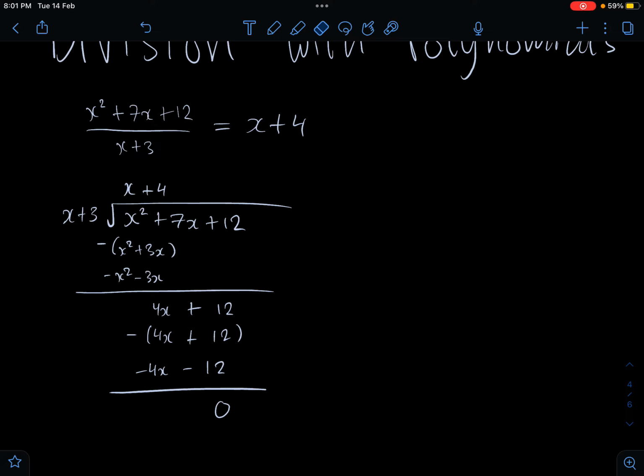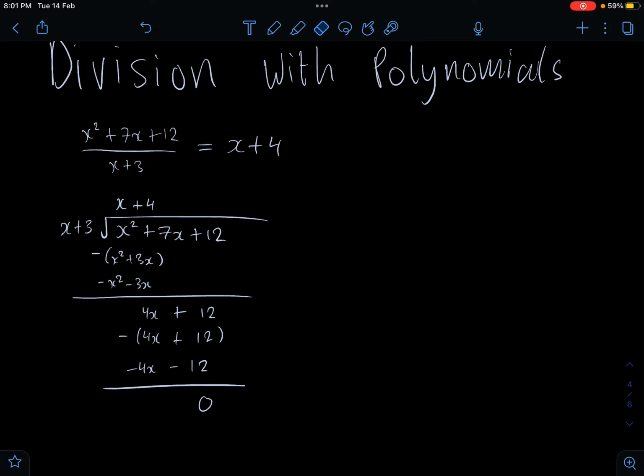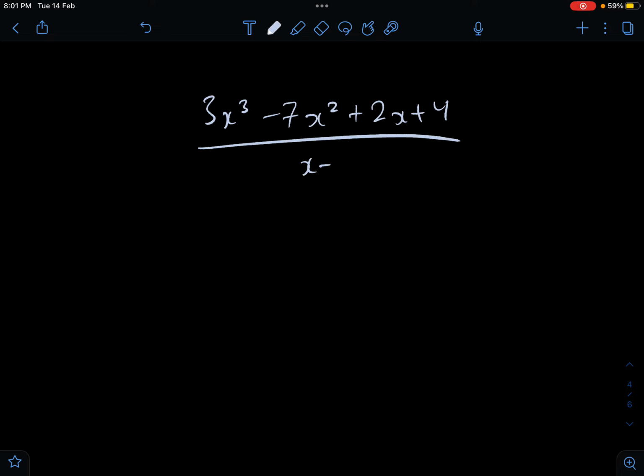So erase all these highlights. Now we'll go into a more complicated question and just look at what sort of things we have to be careful of while we're working through. 3x cubed minus 7x squared plus 2x plus 4 over x minus 3.